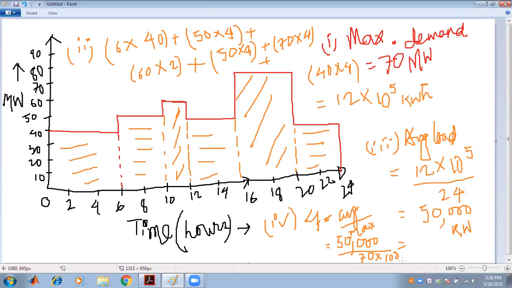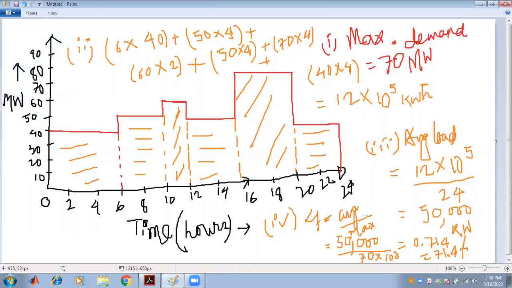It is given as 0.714, or 71.4% is the load factor.